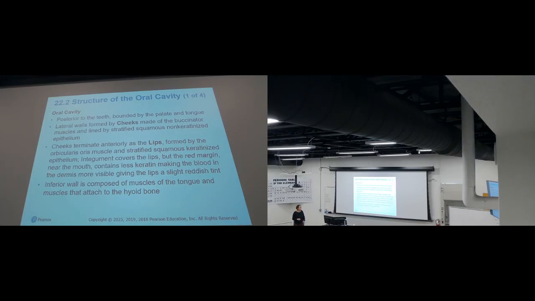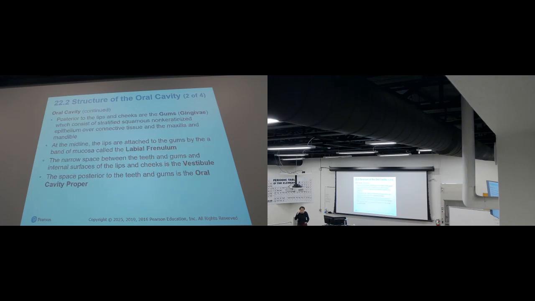And we have the blood supply provided by the plexus that we have in the dermis. So the lips are slightly more reddish than the rest of the skin in our face.